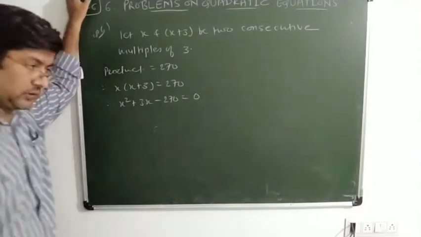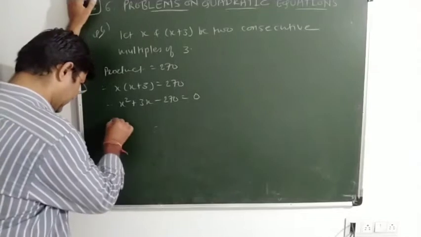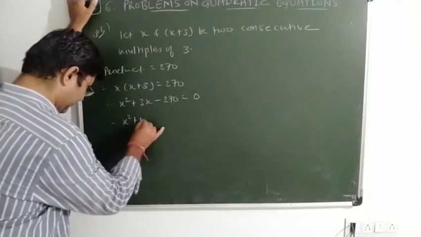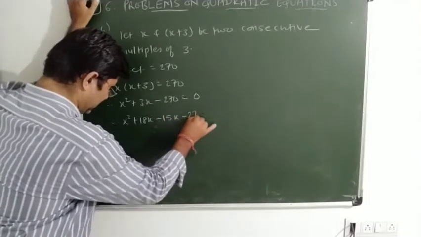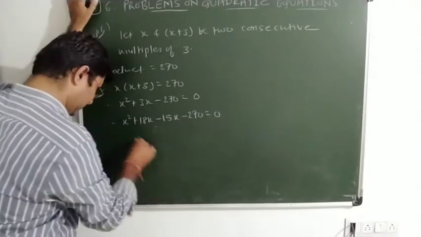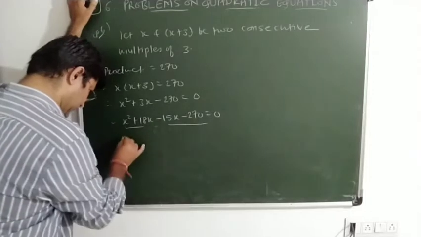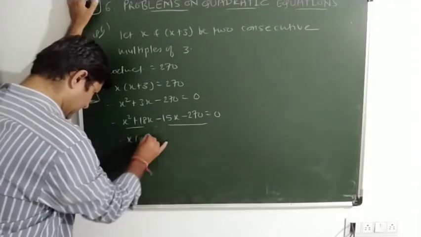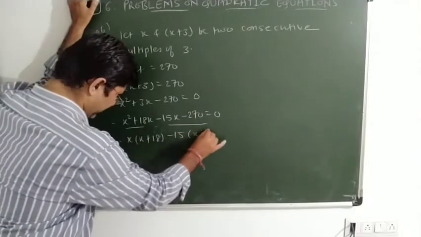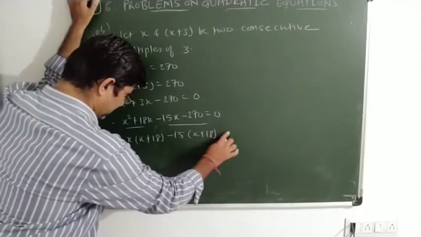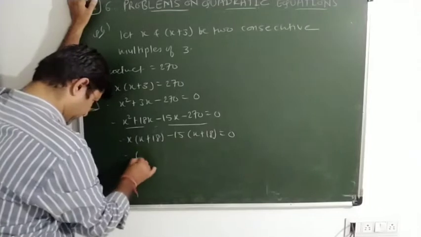Yes. Okay, so 18 and 15 we will take, therefore x square plus 18x minus 15x minus 270 is equal to 0. Take x common, x plus 18 minus 15 common, x plus 18 is equal to 0.